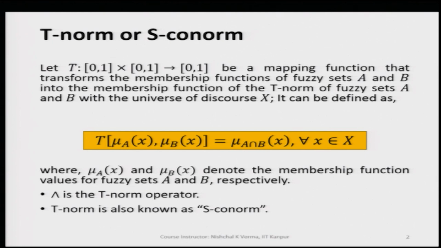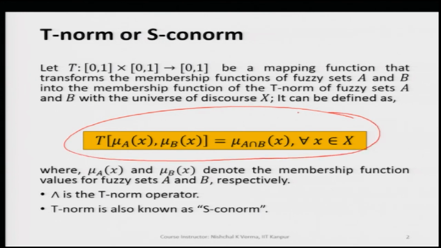Here we have taken, let us say, two fuzzy sets A and B, into the membership function of the T norm of fuzzy sets A and B with the universe of discourse capital X. So, this can be defined by this expression here, and please read this as the operator T of mu A of x comma mu B of x.